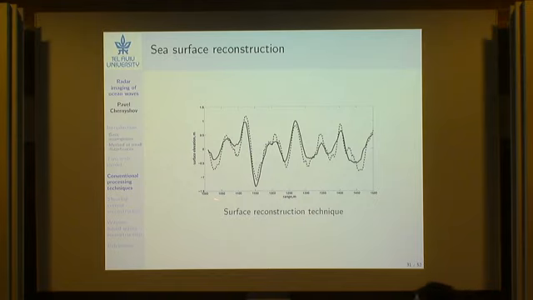You see the dotted line is the original, of course on the cross section, and the black line is reconstructed. So we see rather significant discrepancies here, generally on the level of 15% of the significant wave height. So it could be better, yeah.